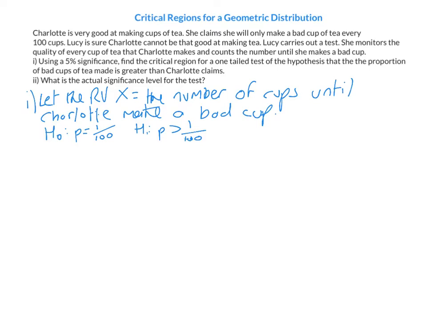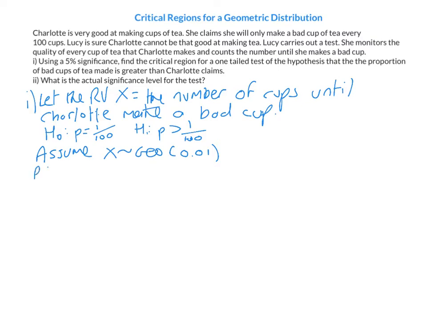So we assume, based on the null hypothesis, that x is geometric and the probability is 1 in 100, or let's put that as a decimal, 0.01, that's a hundredth.